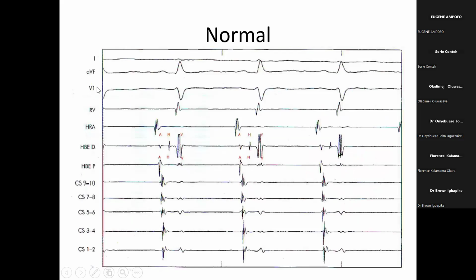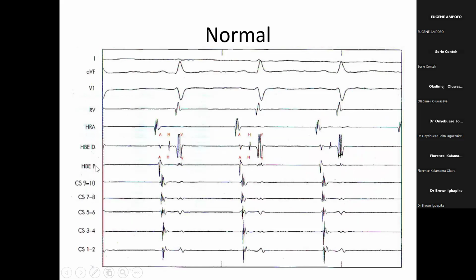Okay, so we've talked about the surface ECG. When you see RV, you know you're talking about right ventricle. When you see HRA, you know it's high right atrium. When you see HBE, that's the His catheter. Anytime you see HBE or HIS, it is the His catheter.